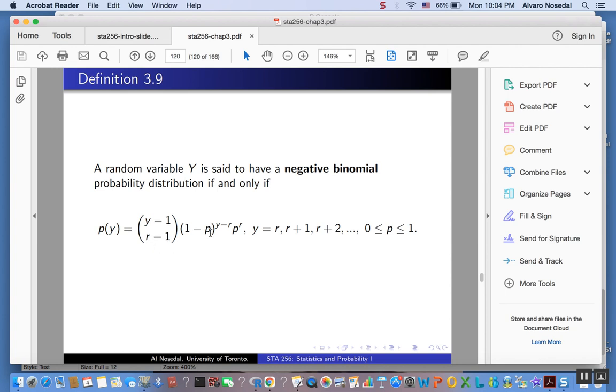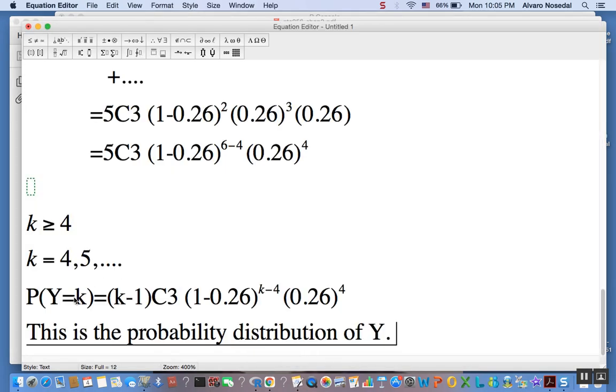The probability of success in our example was 0.26. That's the p, right? p represents the probability of success in any given trial. We have the power y minus r. We used k in our example, so instead of a lowercase y, we have a k, okay?